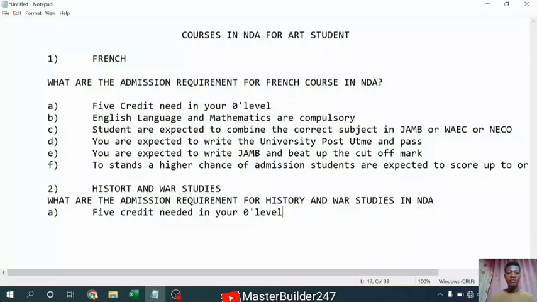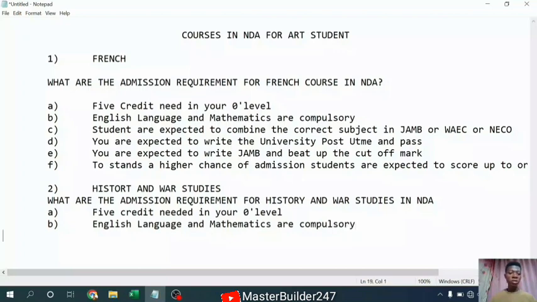Okay, 5 credits. You need to have at least 5 credits in your O level, and the B aspect of it: English language and mathematics are compulsory.